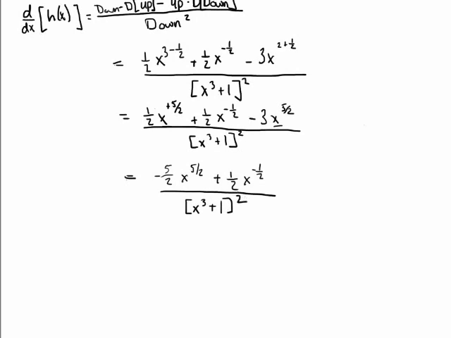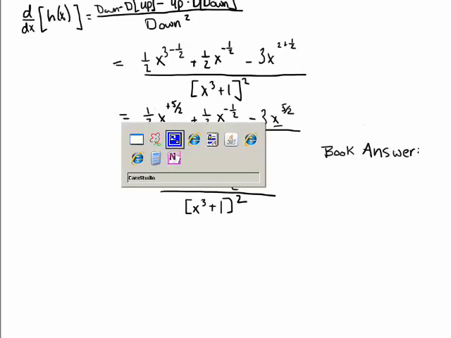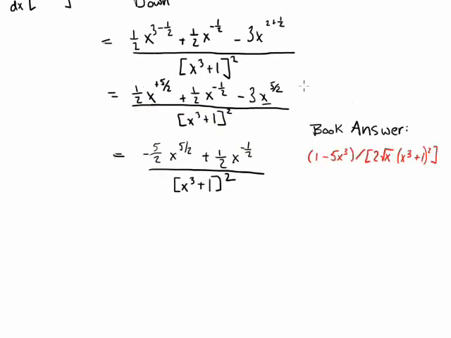So, am I done yet? Well, let's see. One thing we can do is go to the book answer in the back and see how they want us to get it and how much work they actually want us to do. Here's our book answer: 1 minus 5x cubed over the quantity 2 square root of x times x cubed plus 1 squared.